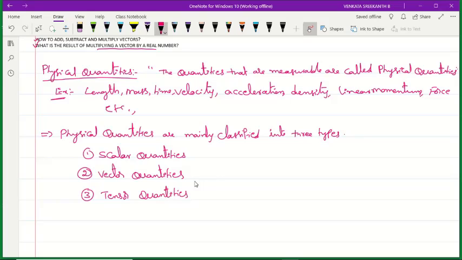First, scalar quantities. What is the meaning of scalar quantities? See here, first one is scalar quantities.